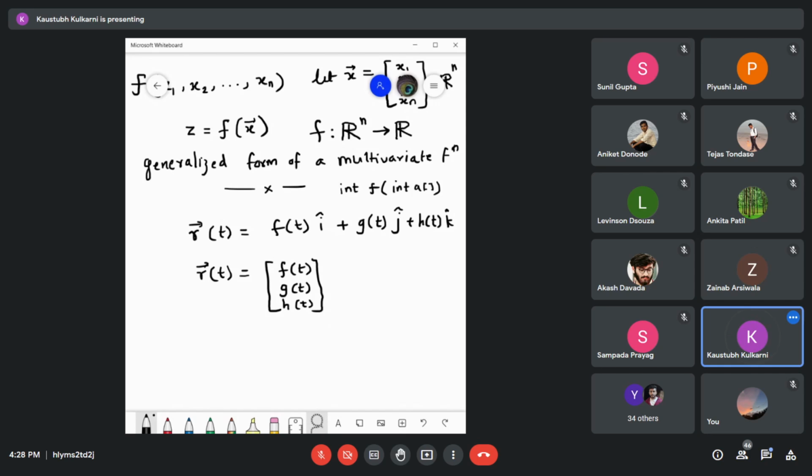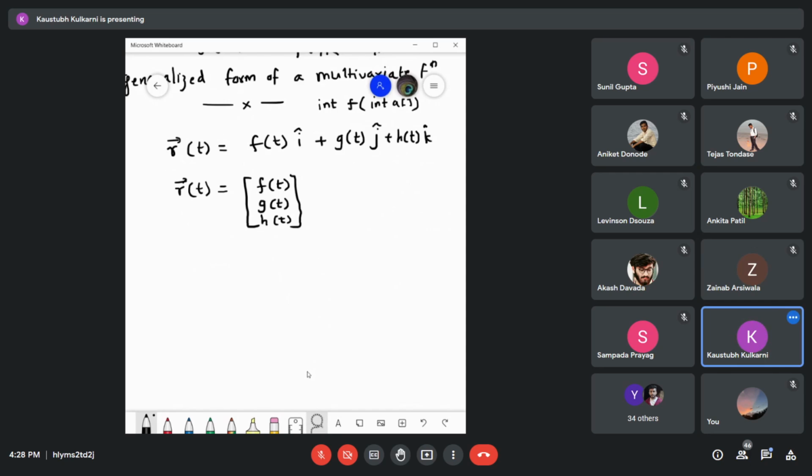So in general, moving beyond i cap, j cap, and k cap, let's say f is our function. This was a very physics oriented definition, good to understand at first: this is the displacement along different directions, along the direction of i, along j, and along k. Now in general, in case of data, the function is f, the argument or the parameter we are passing to it is x.